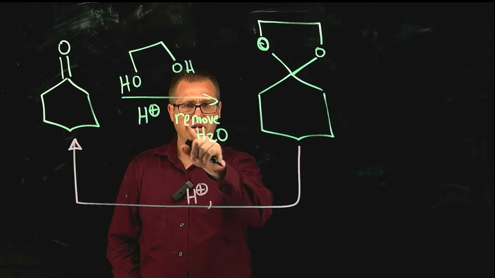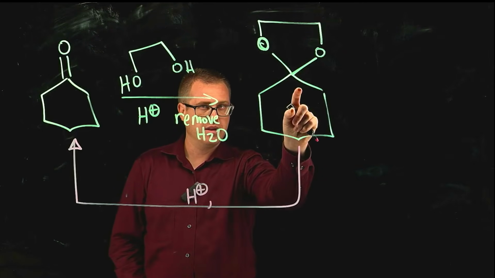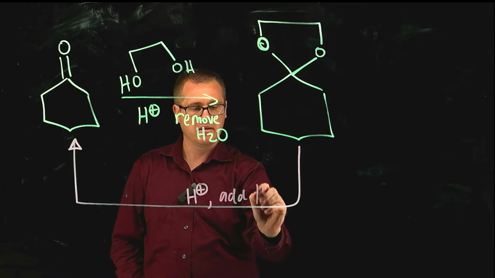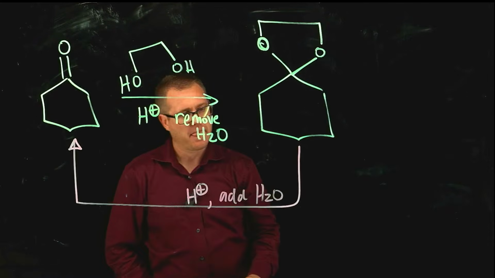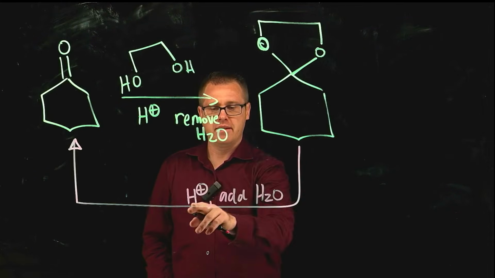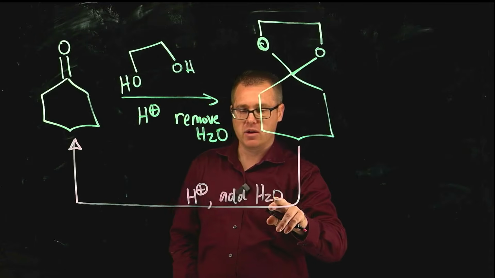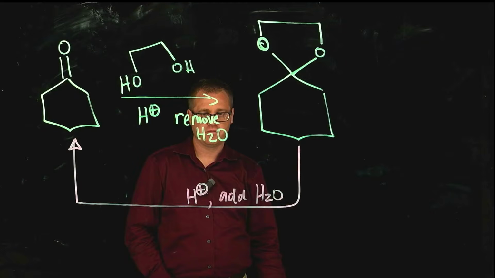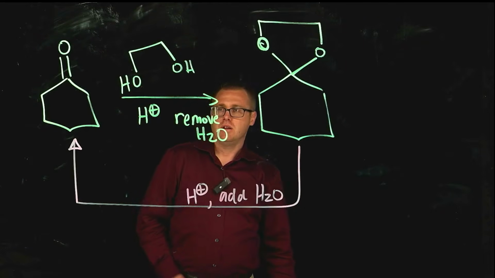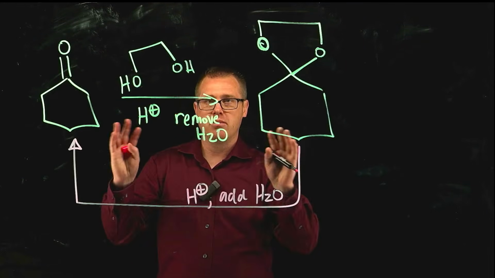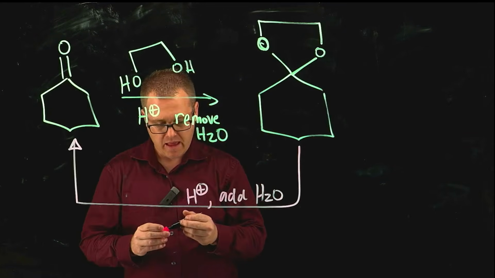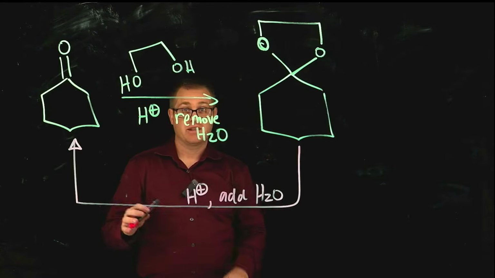And if I removed water to go to this, how would I add water back? So if I add water and a little bit of acid, it is then going to go back to our ketone. This is so important to remember, that this is reversible. Now, why is this so important?